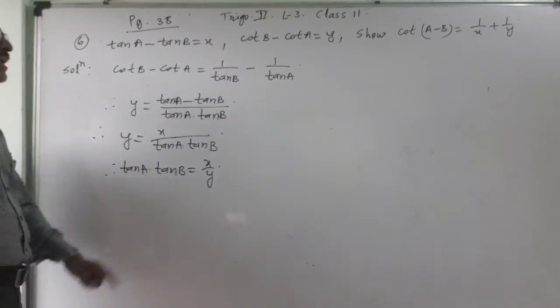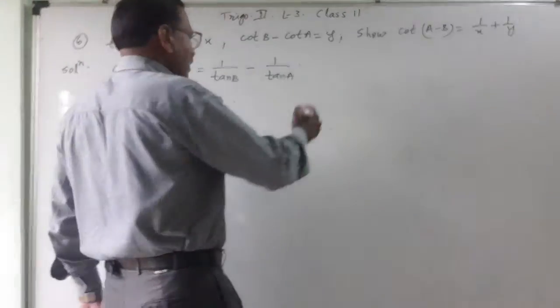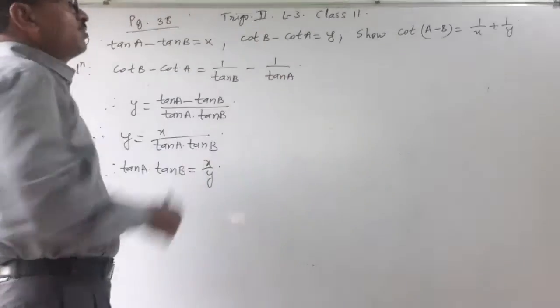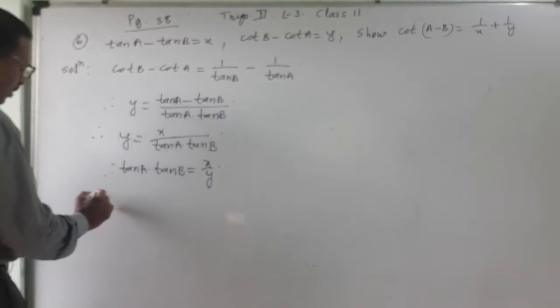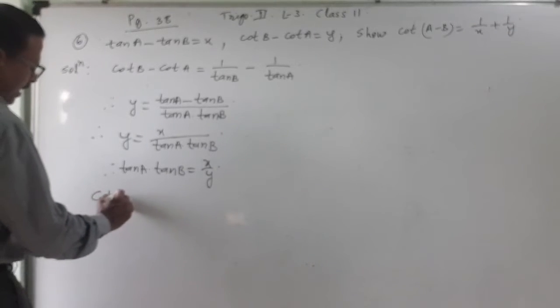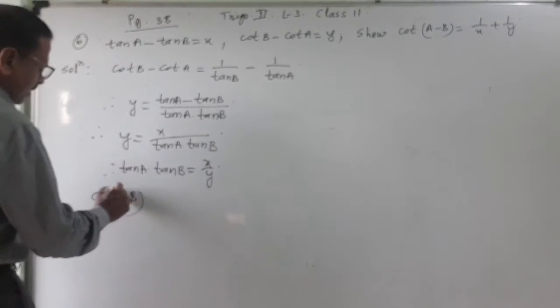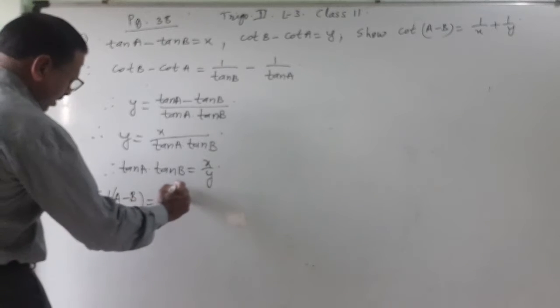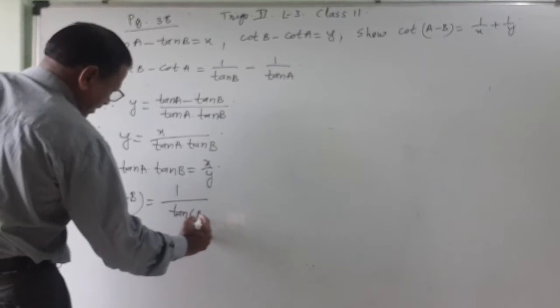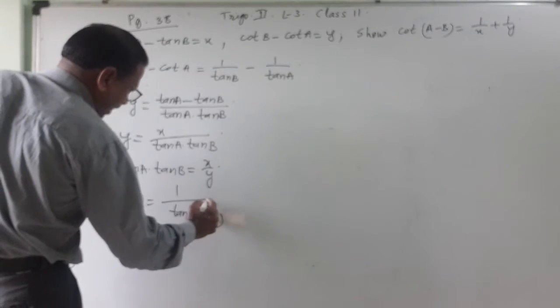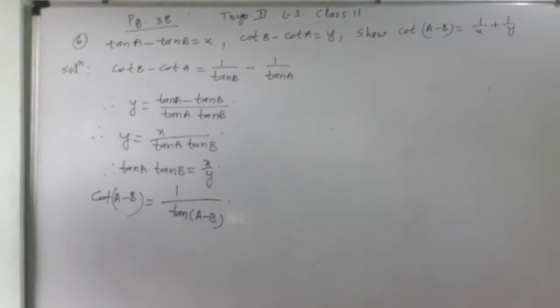What I want to show, there I will go now. I want to show cot of A minus B is equal to something. Okay. Cot of A minus B is equal to what I know is 1 upon tan of A minus B. Cot means 1 upon tan. Okay.